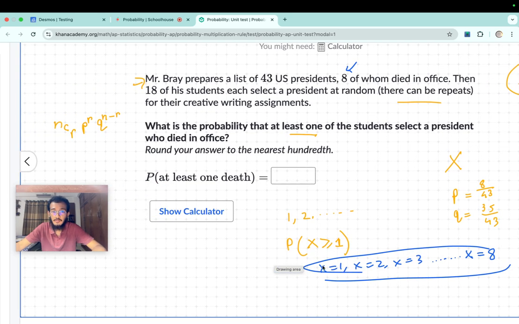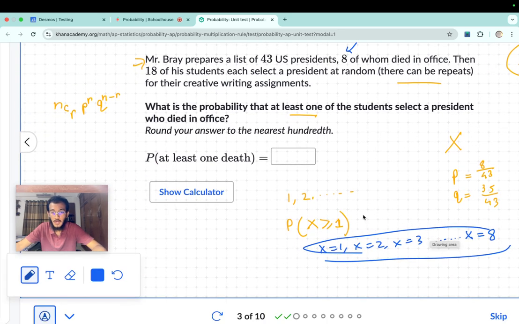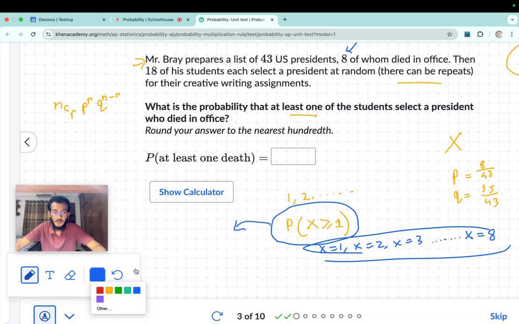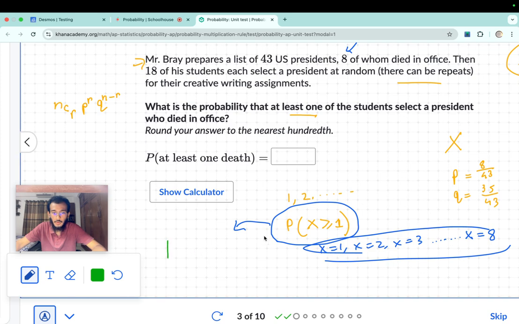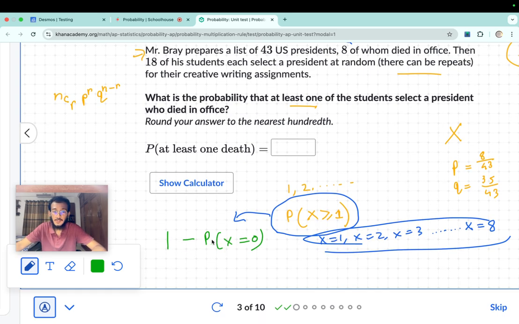Instead of finding each of that, what we are interested to use is not the shortcut but a smarter way, which means subtracting the probability of x equals 0 from 1. Okay, so probability of x greater than or equal to 1 includes everything except for 0, so that's why we subtract the probability of x equals 0 from 1, which is the total probability.